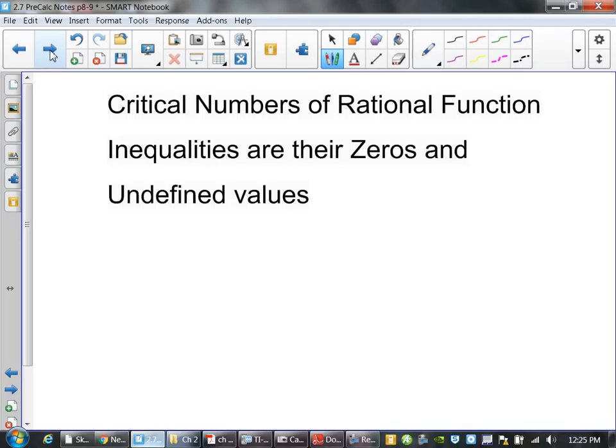So, like I said, guys, all the critical values when you're dealing with the rationals are going to be the zeros of the numerator and the undefined values of the denominator. That's all you're doing. And those are going to be those test points you put on that number line, and then you just pick values above, between, and all that, and throw it in your calculator for the table.